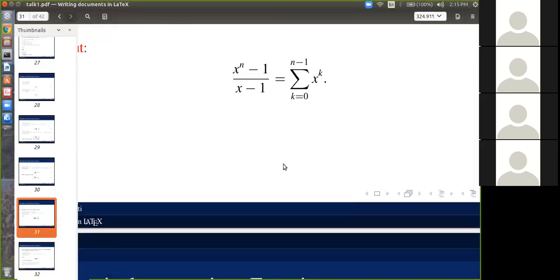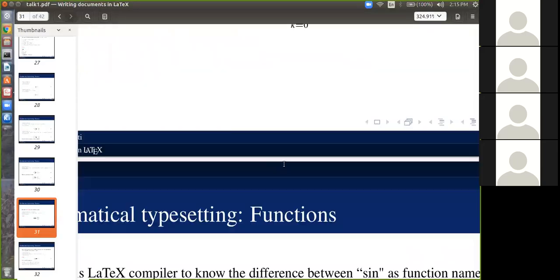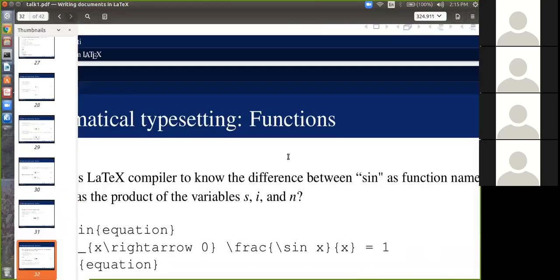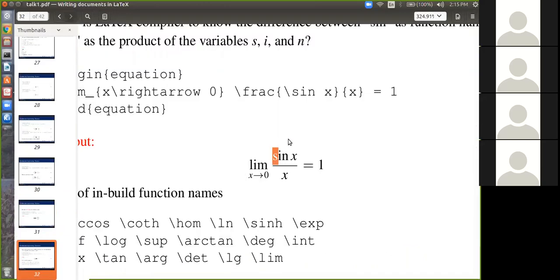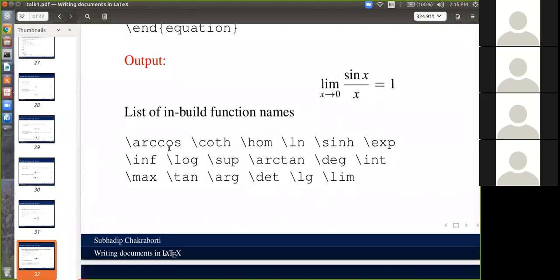But if you want to use sin, how will a reader differentiate between sin and the product of three variables s, i, n? To differentiate that, you need to write the function as ordinary text. So there are inbuilt functions, say sine, cos. Here is a list of that.